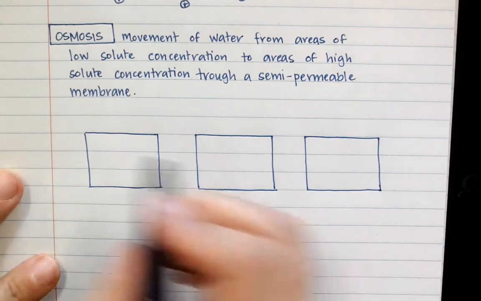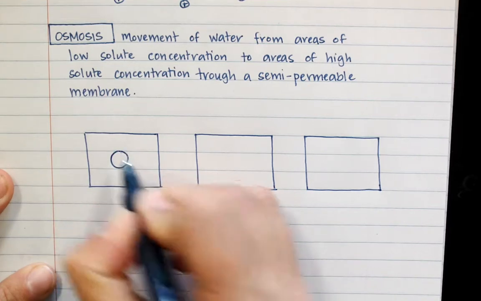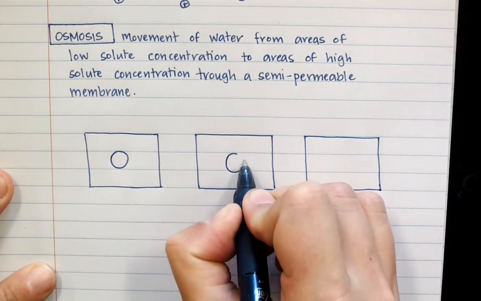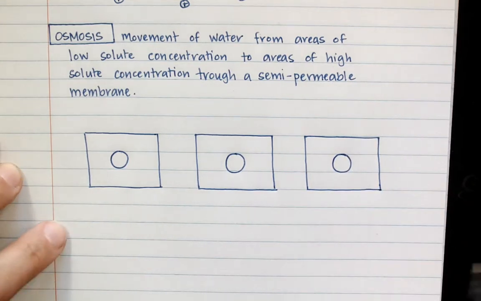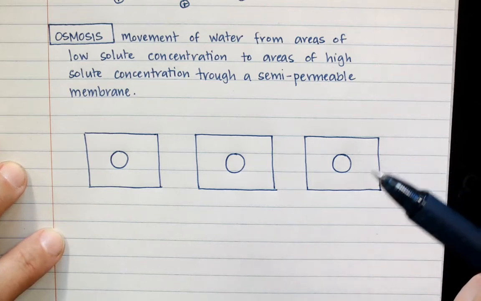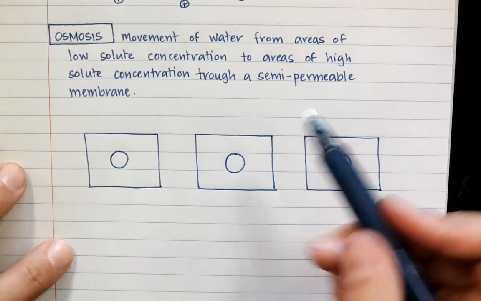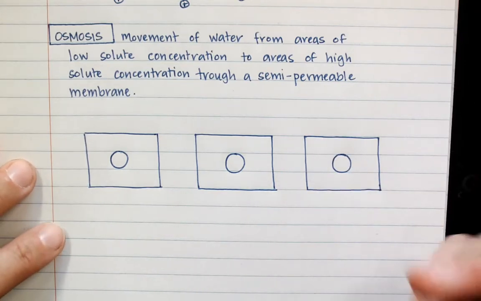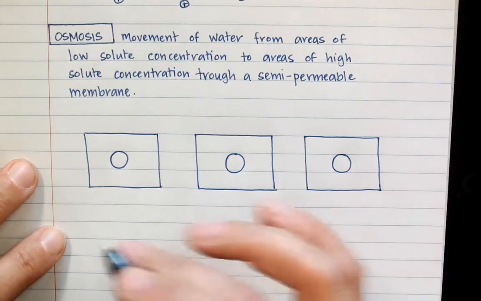And then in each of these, I'm going to draw just a very simple cell. And what I'm going to change is the concentration. What I am drawing is the solute. It's the thing that's dissolved in the liquid. So let's imagine that this is sugar water. It's got glucose dissolved in the water.